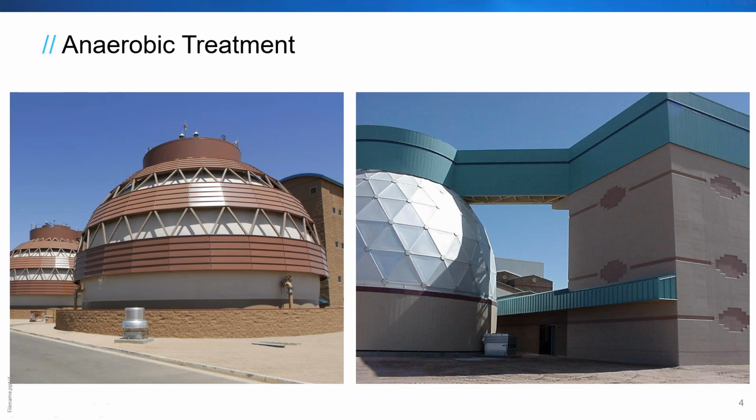Okay. So one of the technologies we're talking about here is anaerobic treatment. And given this is a biosolids group, I'm sure you're all familiar with anaerobic treatment. The process is the absence of air, a four-step biochemical process. Usually you see this at municipal plants and industrial plants too.